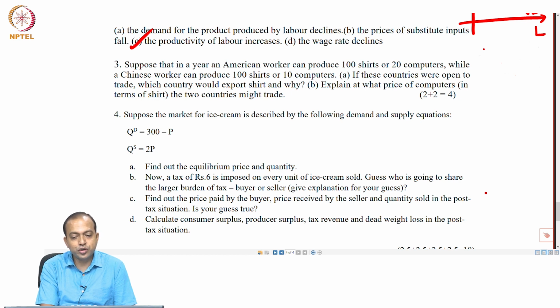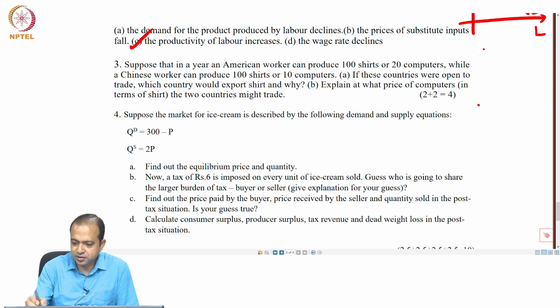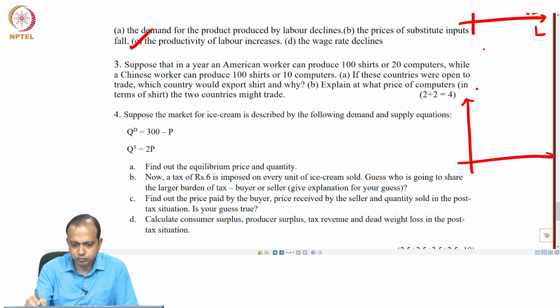Or what is the opportunity cost of cert? Let us say in this axis I am measuring cert, and here it is computer.